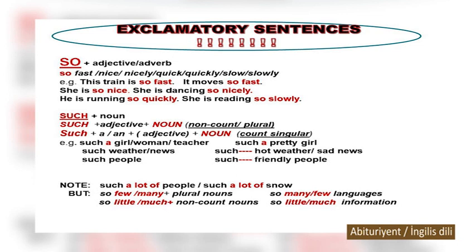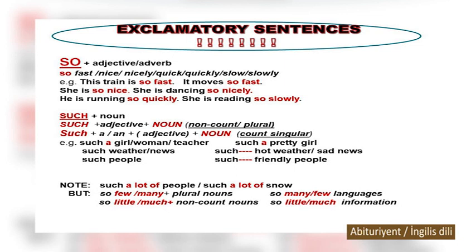Adjectives depend on our own opinion. An adjective can be used or not, so it is not very important. After such, we can use a singular noun or a plural noun, countable and uncountable nouns. Both are possible.